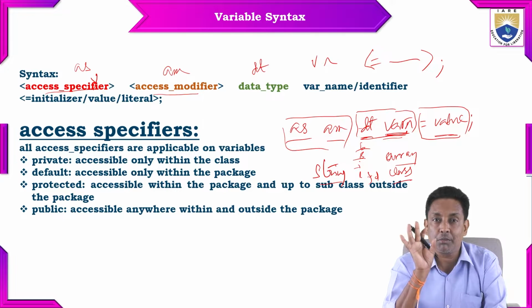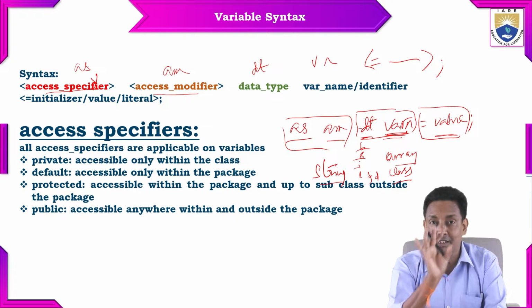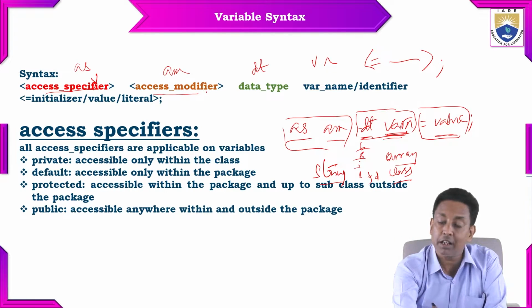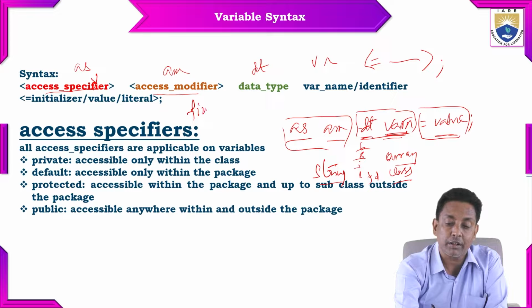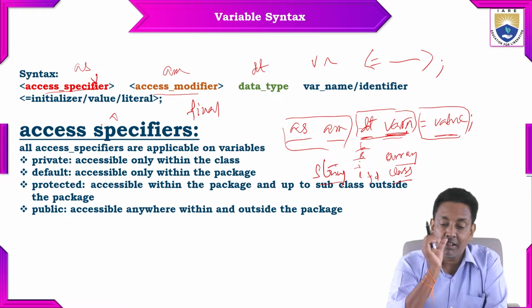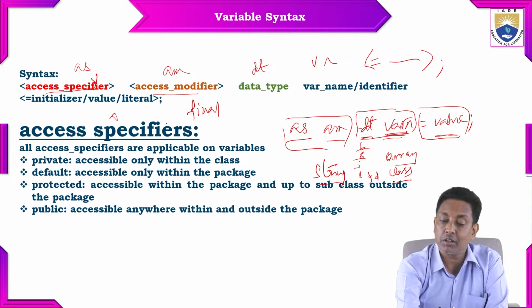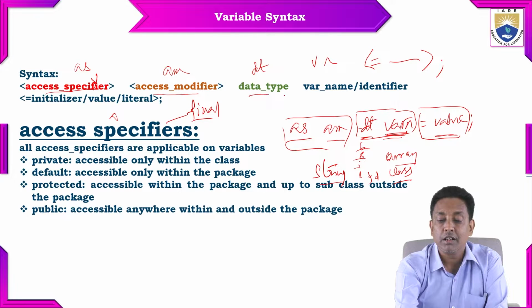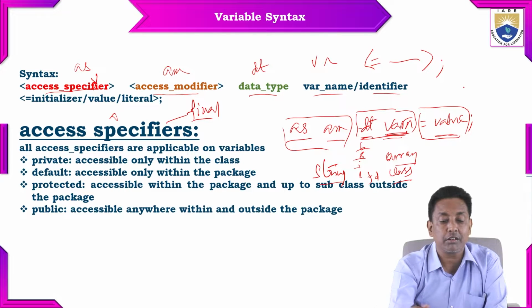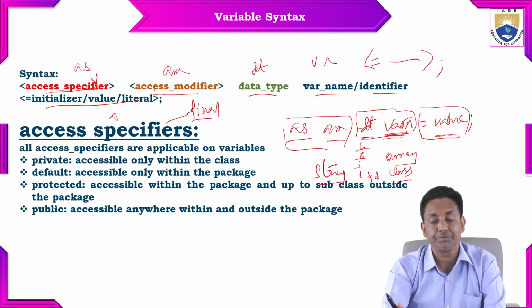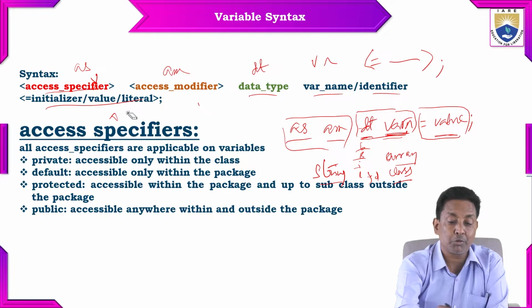Those variables can only be declared as final; we cannot declare static. Only the final modifier is allowed, no access specifier is allowed, and the remaining access modifiers are also not allowed. Data type, variable name, and initial value are common, and we will discuss them.